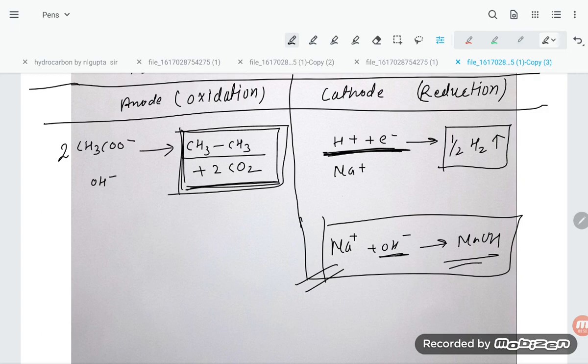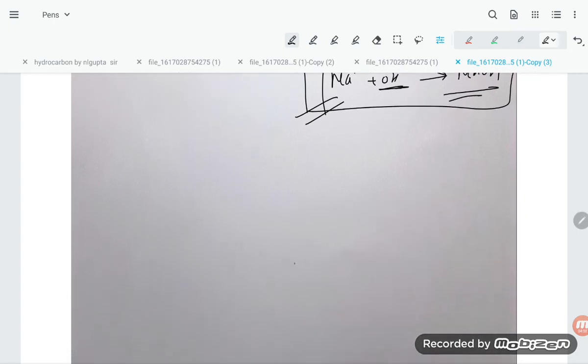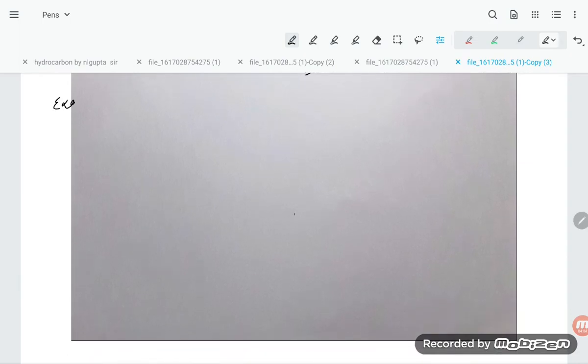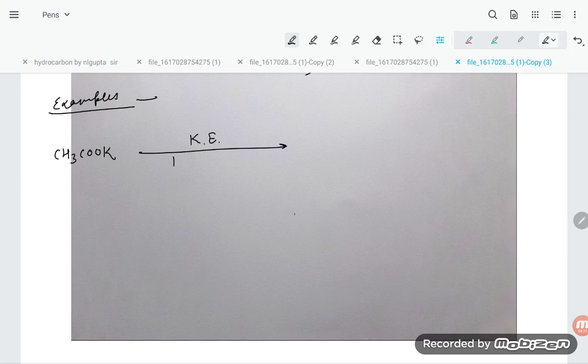Now what we are going to do, students, is check that in this reaction you are going to get a higher alkane. So let us have some examples. Example number 1: suppose you are taking CH3COONa and you are saying Kolbe electrolysis.